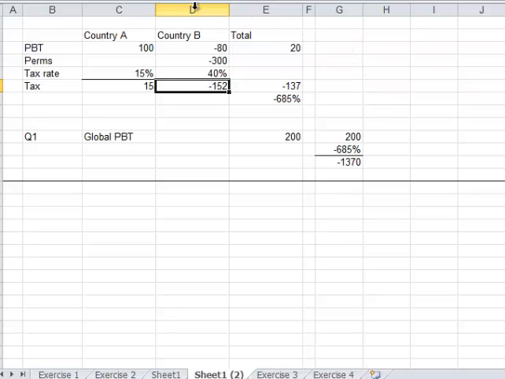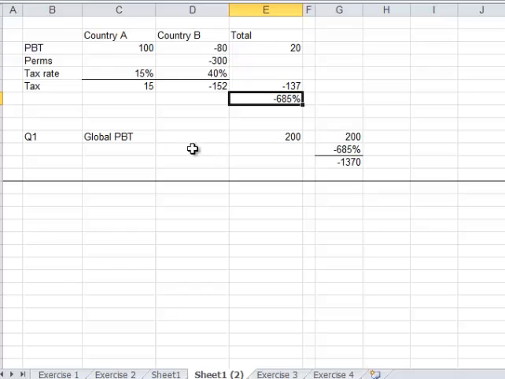Right? Okay. So that means for the year, let's just assume that this is all ordinary and normal, and this is just this company's fact pattern. For the year, there's going to be 20 of annual PBT globally, and the provision benefit is going to be $137, right? Which means my annual effective tax rate will be a negative 685%, right?